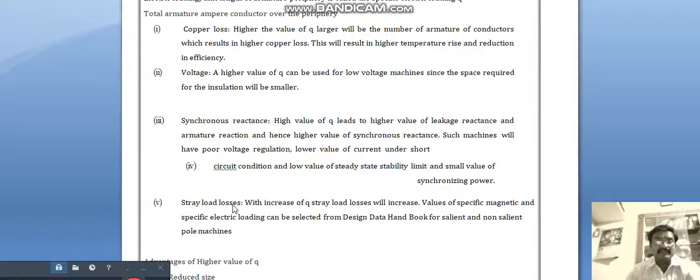Stray load losses. With an increase in Q, stray load losses will increase. So we should not go for a high value of Q. If you go for a high value of Q, the stray losses also will increase. The values of specific magnetic and specific electric loading can be selected from the design data book.